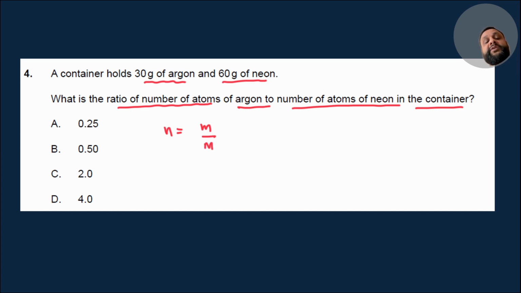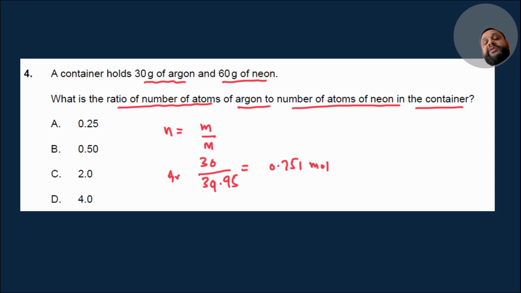The mass of argon is 30, and the molar mass of argon, if I look in the periodic table, is 39.95. If I solve this, that will give me almost 0.751 mole. Okay, so these are the moles of argon.